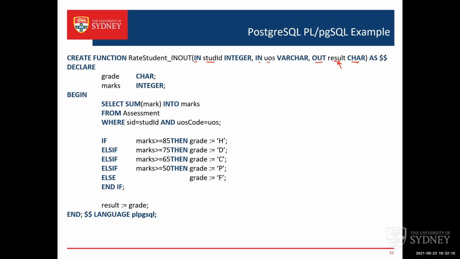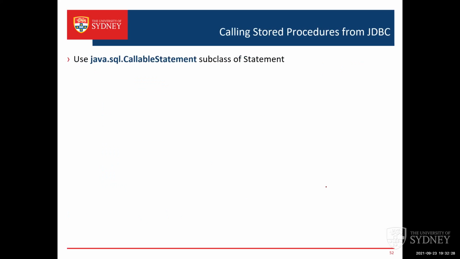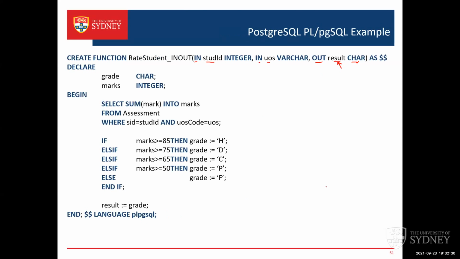Okay. So same thing I performed, and then I simply wrote result equal to grade, because result is the variable that will be in the output. Okay. So this is how we can write a function in there.